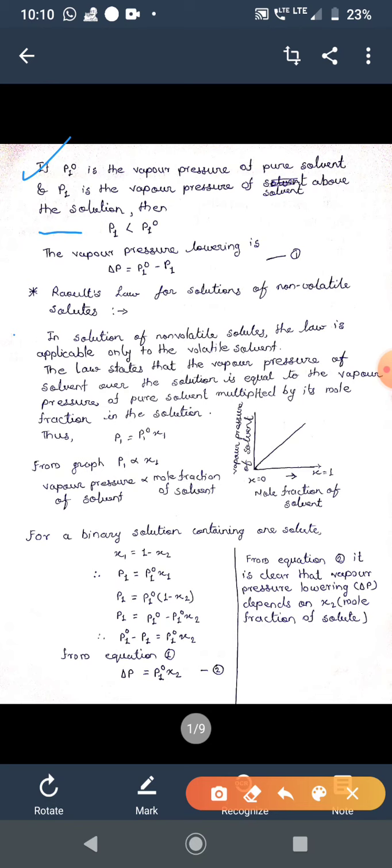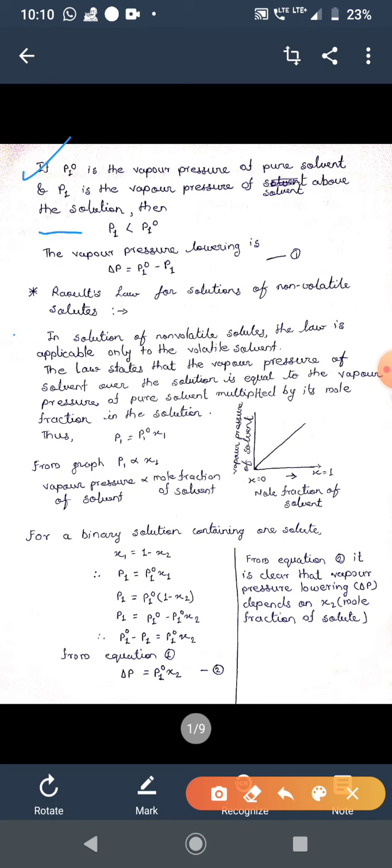Let us revise once again the statement and the application of Raoult's law. Raoult's law is basically applicable to volatile components. In a solution of non-volatile solute, the law is applicable only to the volatile component, so it is not applicable to the non-volatile component.